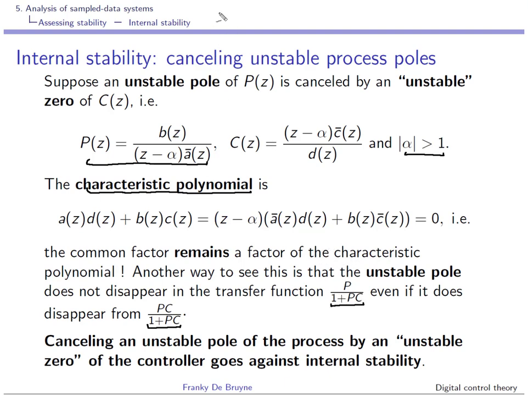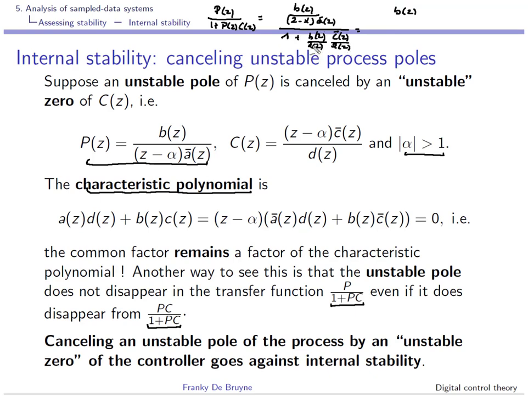So P(z) over 1 plus P(z)C(z), we'll have here B(z) over z minus alpha, A bar(z), and here we'll have the cancellation, so we'll have B(z) A bar(z), here we'll have C bar(z) D(z), so we'll have B(z), so we'll put this under the same denominator, right?